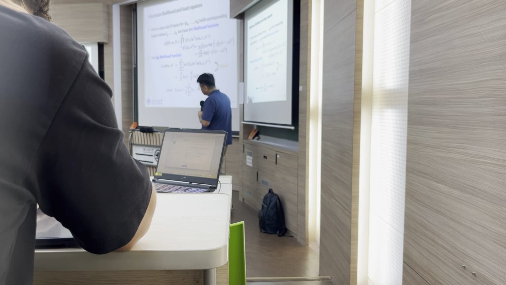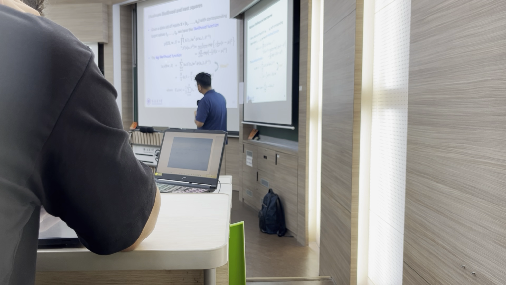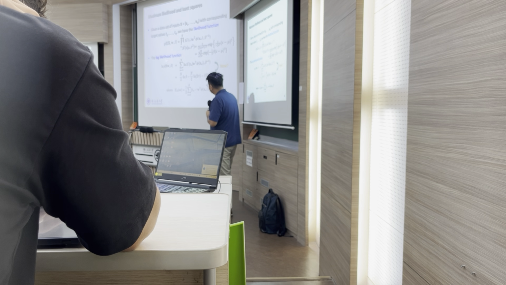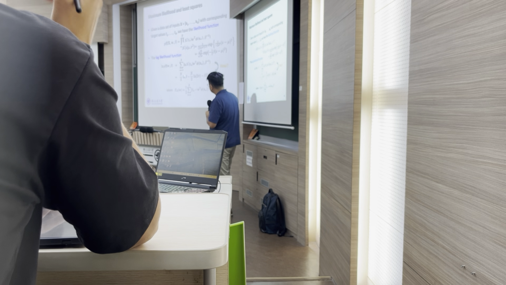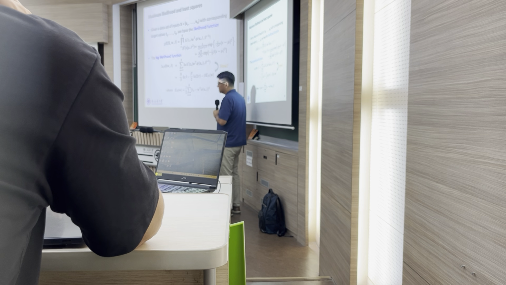Okay, so let's look at the equation. This is log likelihood. Our goal is to find a W that can maximize log likelihood. On the right-hand side of this equation, there are three terms. You might notice that the first two terms are irrelevant to W. W is not present in the first term and is not present in the second term.